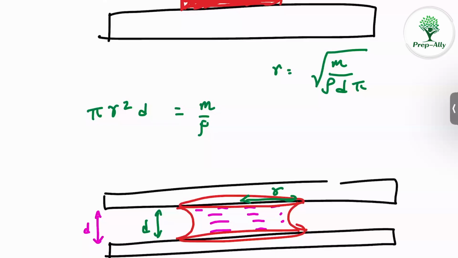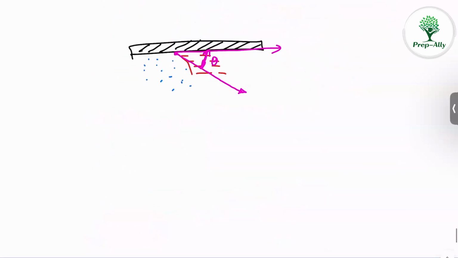Now there are multiple ways to do this question. Whenever we go from concave side to convex side or convex side to concave side, the pressure changes. The change in pressure, P concave minus P convex, is sigma into 1 by R1 plus 1 by R2. Do you know this formula? Yes, sir.